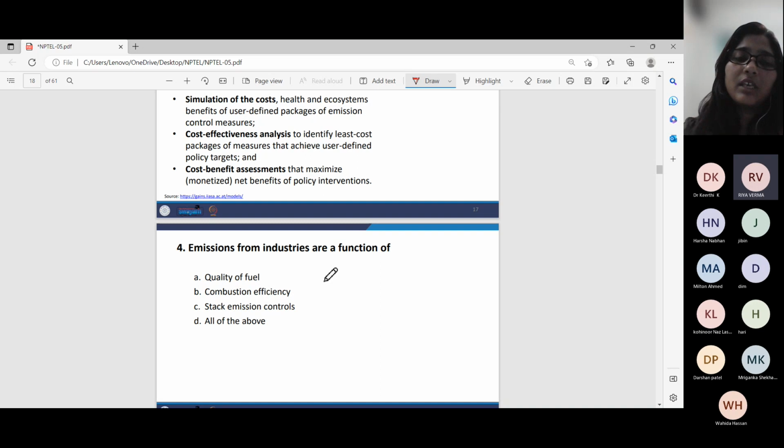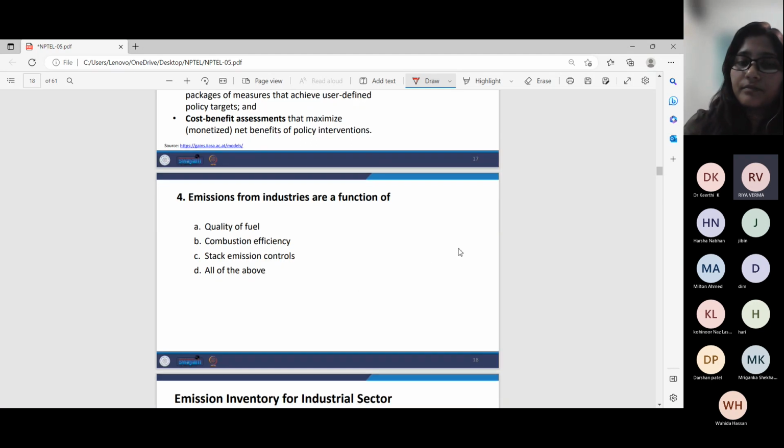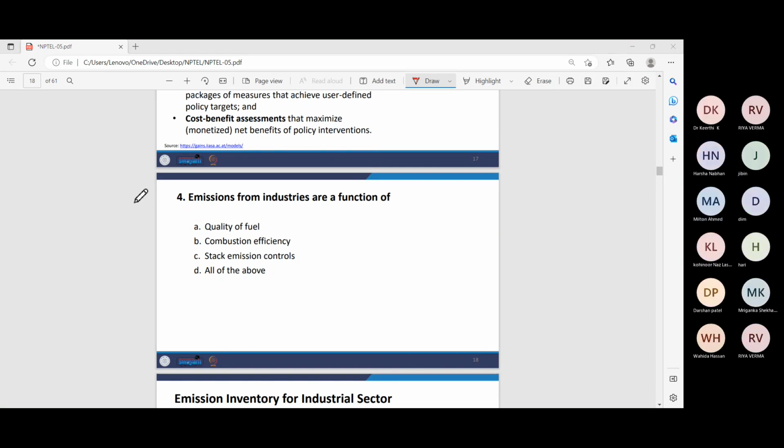That is basically what is being asked in this question. What are the factors that affect the emissions from the industries? All of the above. Okay, yes, all of the above, correct.